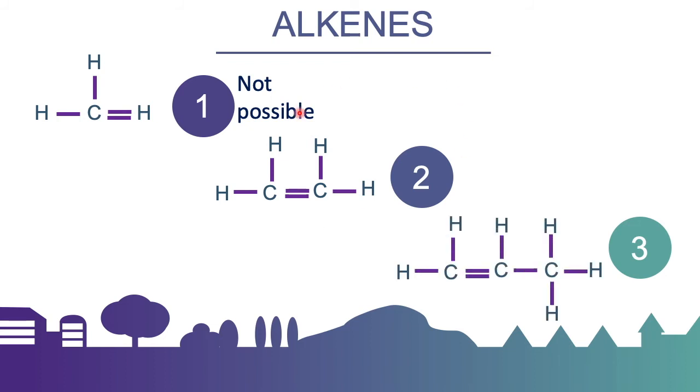Now let us look at what happens with 3 carbon atoms. So between C1 and C2 I have a double bond, and then between C2 and C3 we have a single bond. So let's try filling up all the hydrogens together. For the first carbon atom, 2 bonds here done, so remaining 2 are going to be bonded with hydrogen.